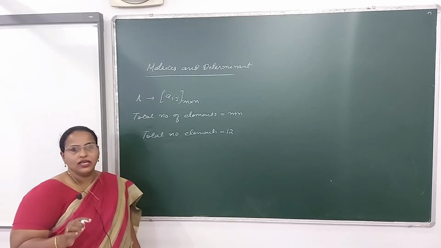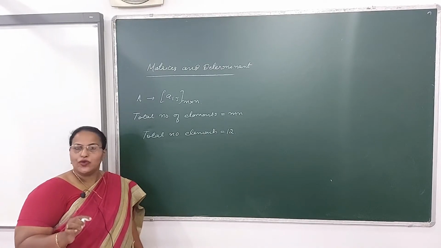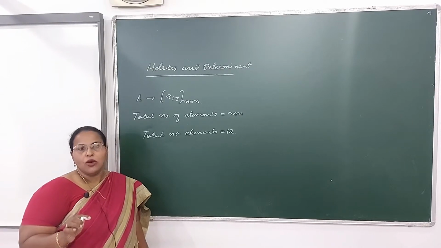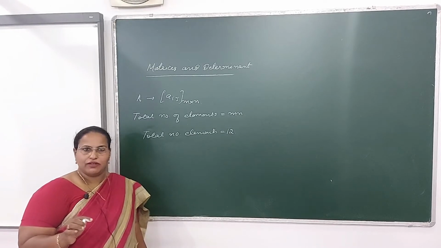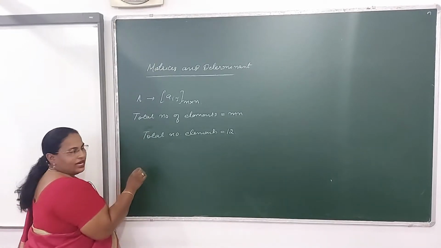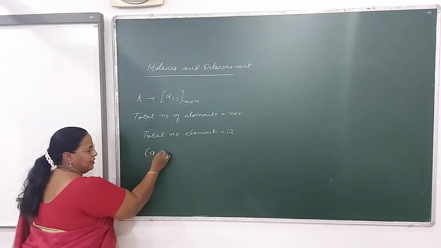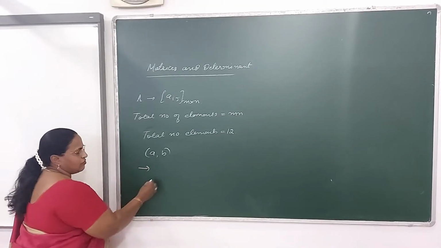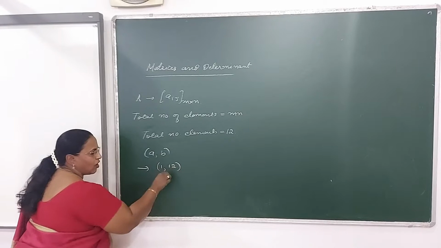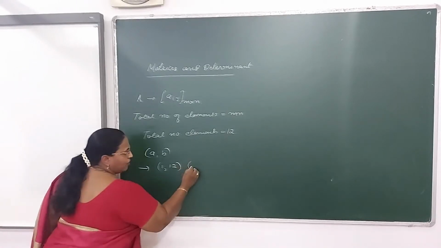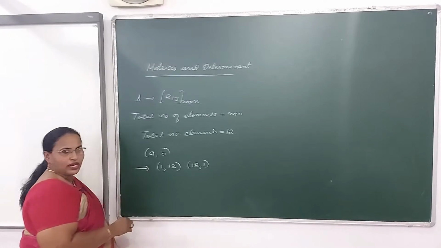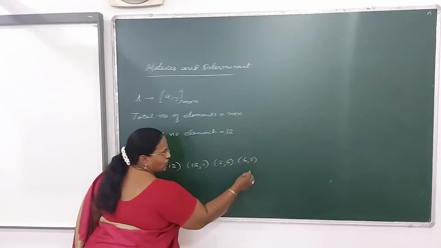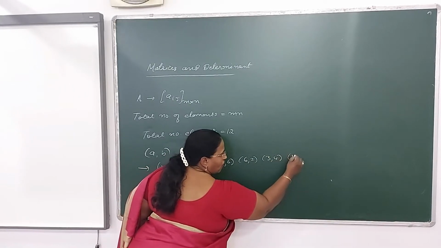So for that, you have to write 12 in terms of an ordered pair (a, b), where a and b are both factors of 12. In that way, the first ordered pair you will get is (1, 12). The second ordered pair is (12, 1). Likewise (2, 6), (6, 2), (3, 4), (4, 3).